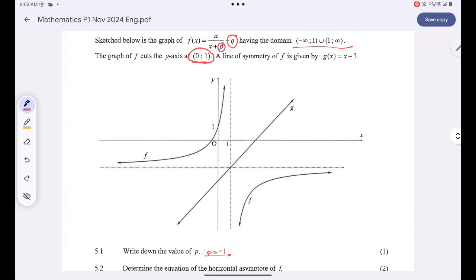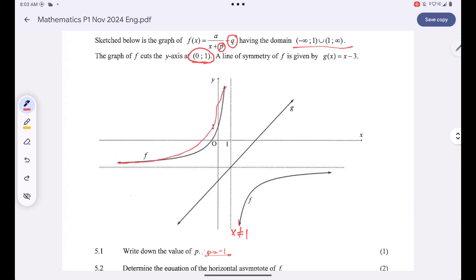All right, together. If you check the original graph for f of x, guys, it has a positive gradient. Why? Because for all values of x, the graph is increasing, except for x being equal to positive 1. Are you together? If you just check, moving from left to right, your graph is going up.